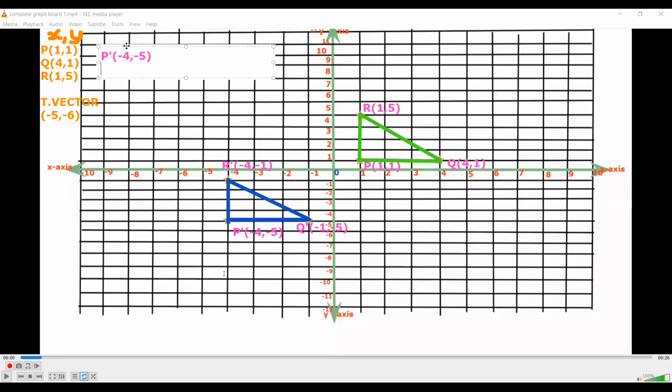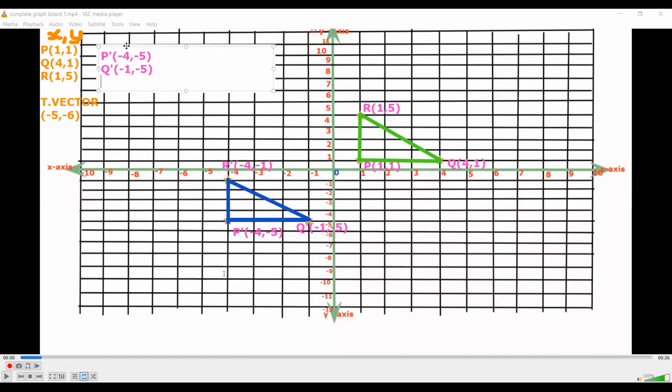Then the Q prime, we also got -1 and -5.